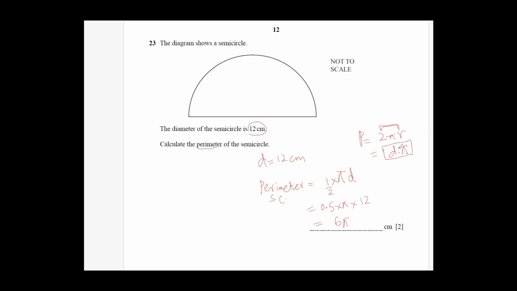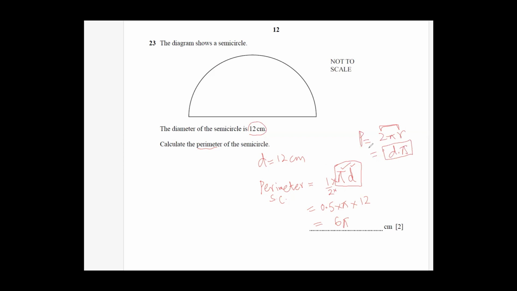Either you can write pi d or 2 pi r. So I use the diameter. So pi d is the perimeter of the circle, and when you divide, perimeter of semicircle is pi d divided by 2. So no need to convert diameter to the radius because you can directly use diameter also.